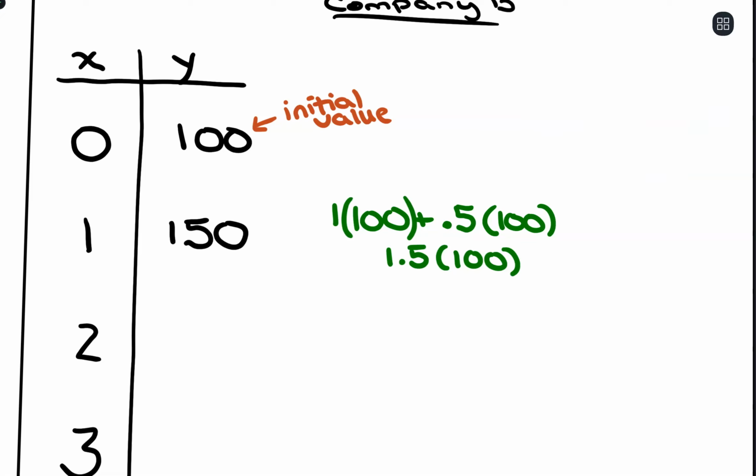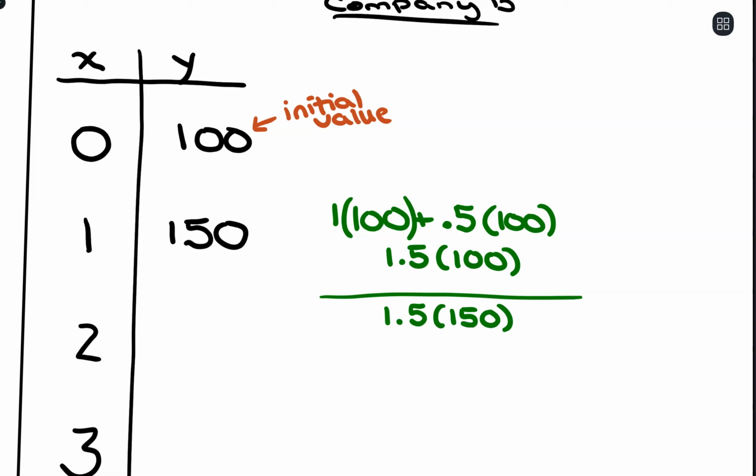So for year 2, I want to take that last value, because it's going to increase by 50%. It's not going to increase by the same amount each year. It's increasing by 50% of our last value. So I want to add on 50% of 150, which is taking 1.5 times 150.